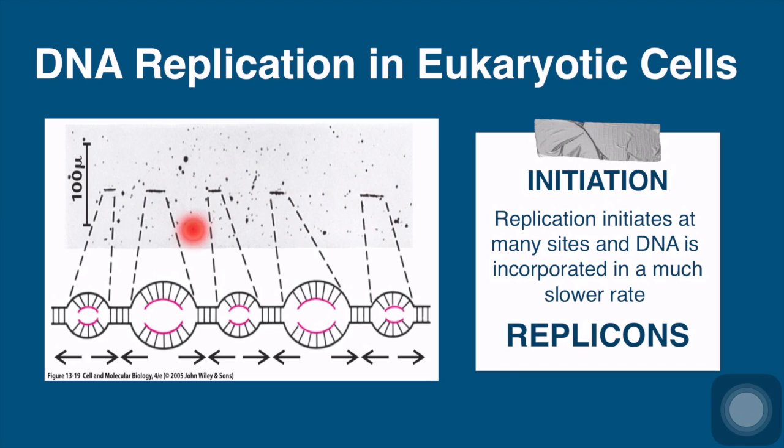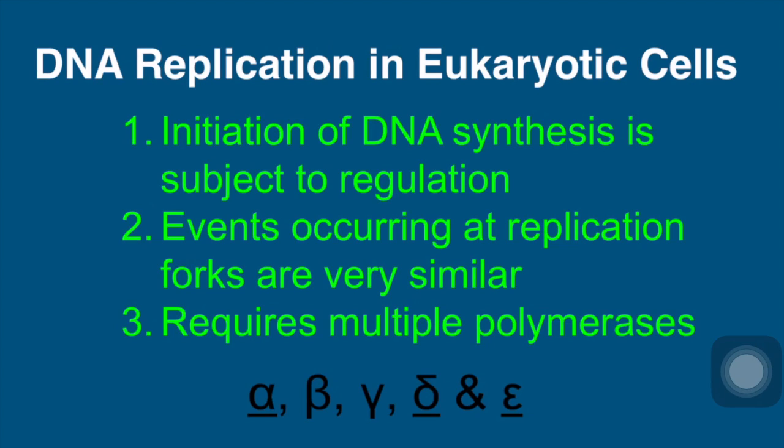Initiation begins in the center, forming two replication forks that travel away from each other until they meet a neighboring fork. There are three general characteristics of DNA replication in eukaryotes. First, initiation of DNA synthesis is subject to regulation to prevent the reinitiation of a site that is already duplicated.